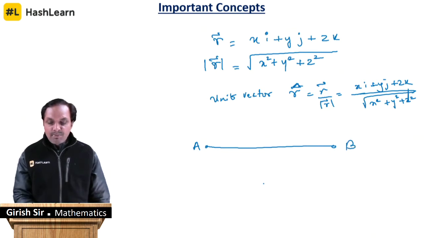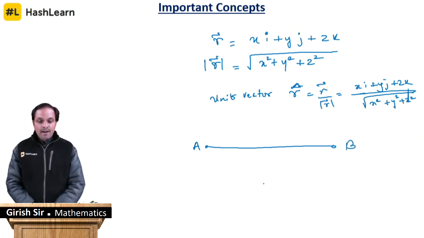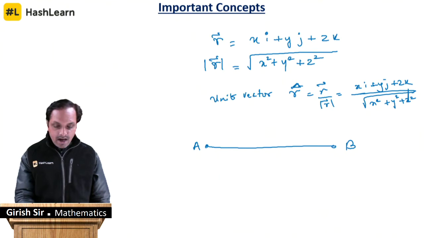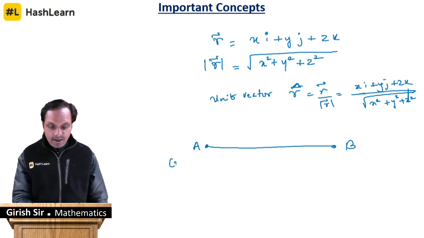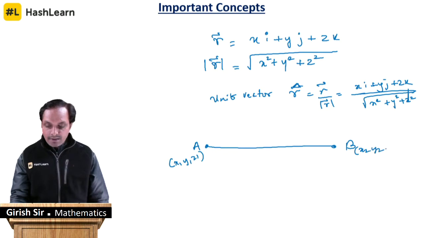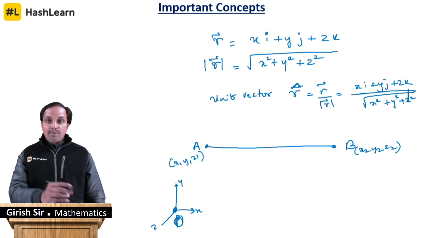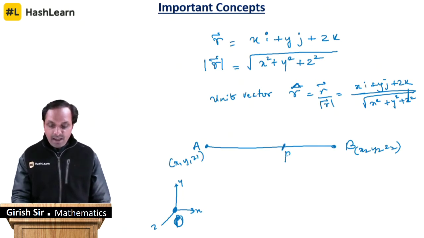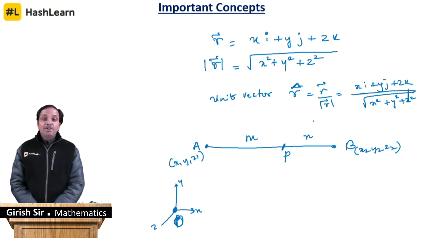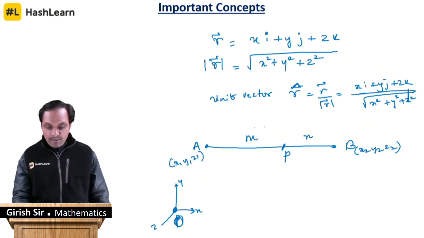Suppose you have points A and B, with coordinates x1, y1, z1 and x2, y2, z2. This is your origin, this is your x-axis, y-axis and z-axis. Suppose you want to find the point P which divides the line joining A and B in the ratio m is to n.